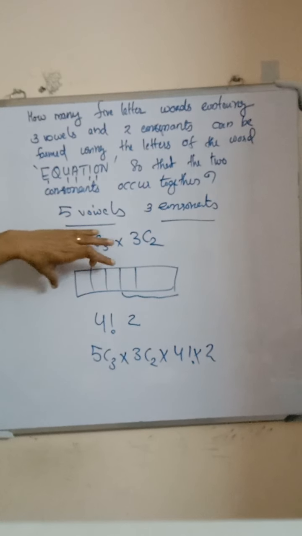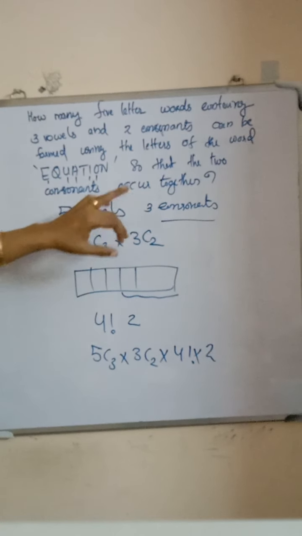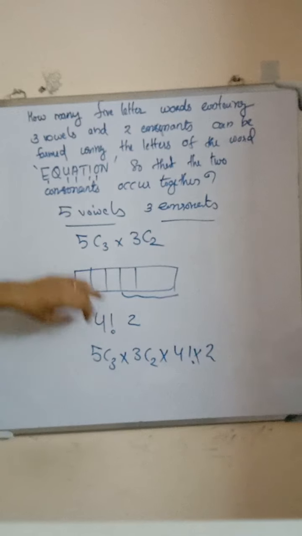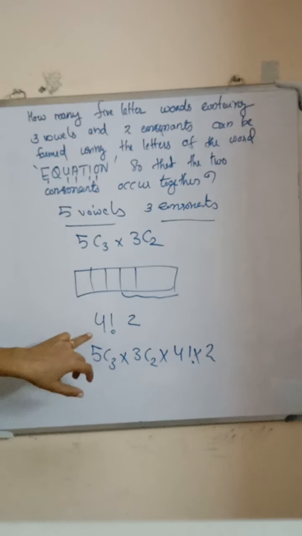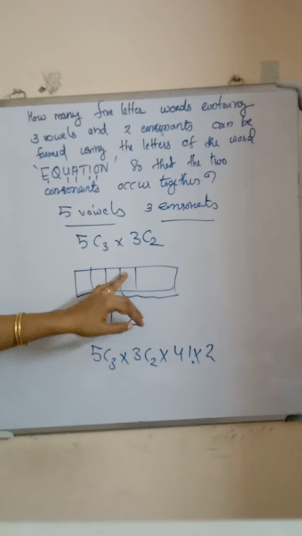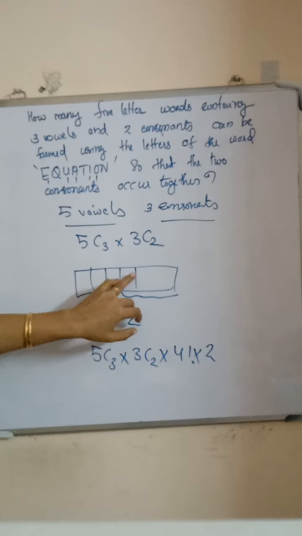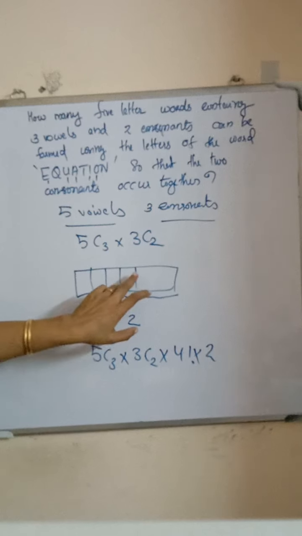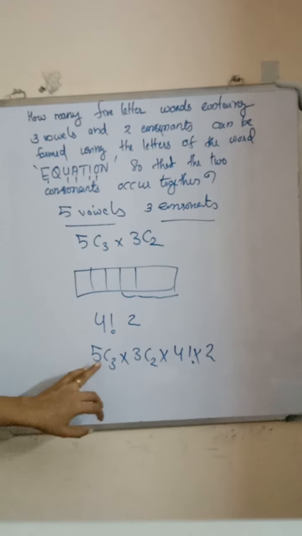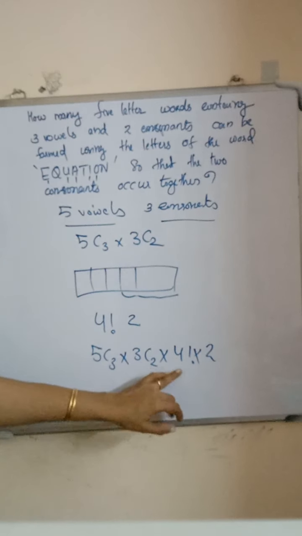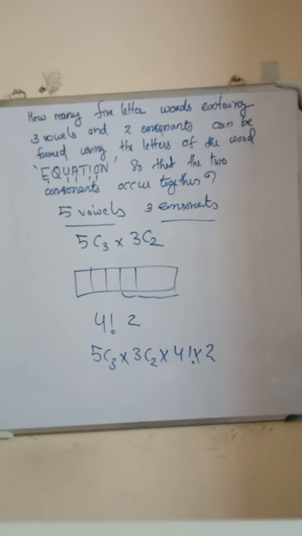Also, in this 5-letter word, the 2 consonants occur together, so we have 4 blocks. These 4 letters can be arranged in 4 factorial ways. The 2 consonants can be arranged in two ways. So the total number of ways is 5C3 into 3C2 into 4 factorial into 2.